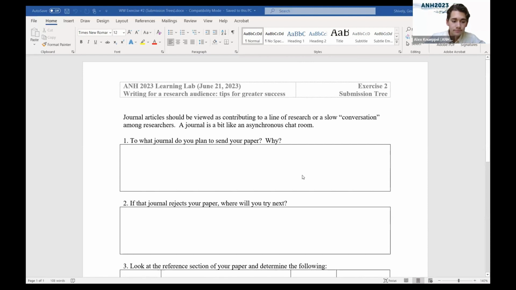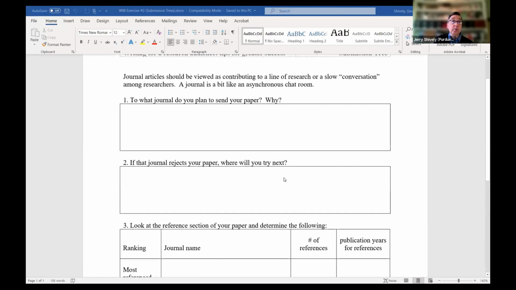Yep, okay. So just a series of questions for you to think about as you're beginning to decide where to send your paper. So first, what journal do you plan to send your paper to? Why is that? And if that journal rejects your paper, where will you try it next? So think about this in a very strategic way.